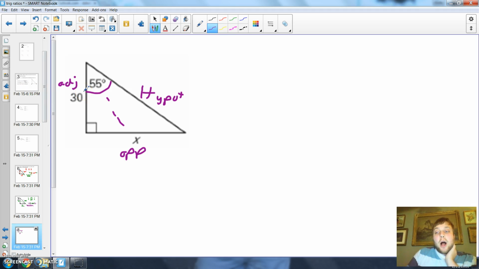Well, that would be TOA, which is tangent. And tangent is opposite over adjacent. So I'm going to go x over 30, because x is my opposite, 30 is my adjacent. And that is going to equal the tan of 55 degrees.